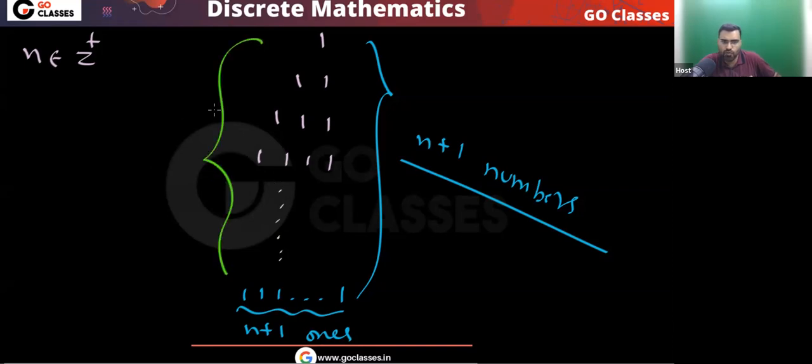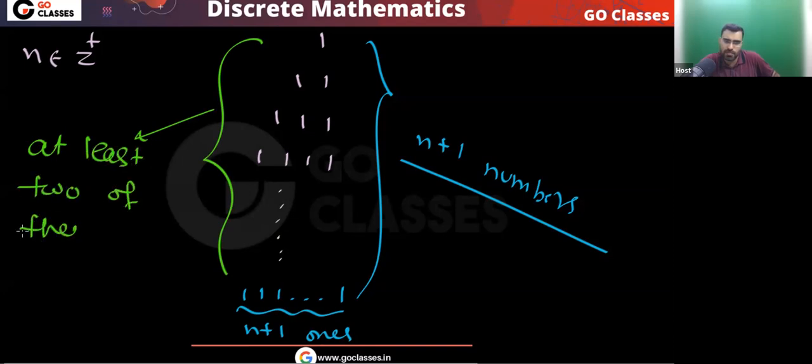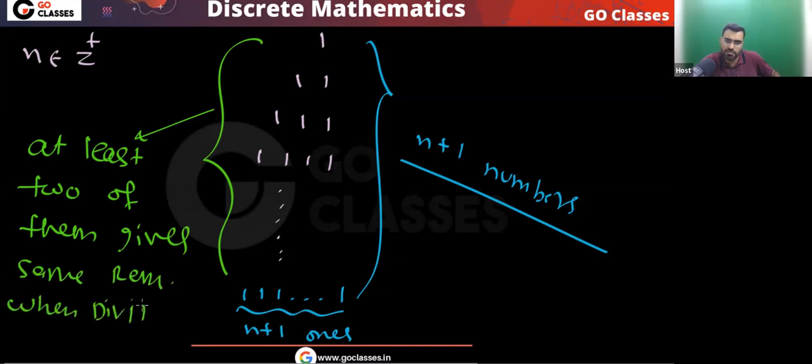At least two will give me the same remainder when divided by n. Yes or no? At least two of them will give you the same remainder when you divide by n.